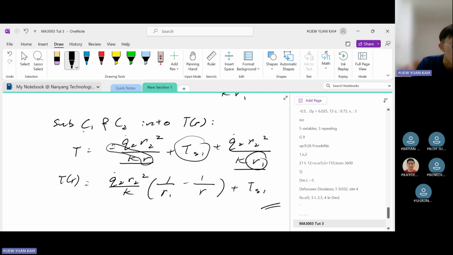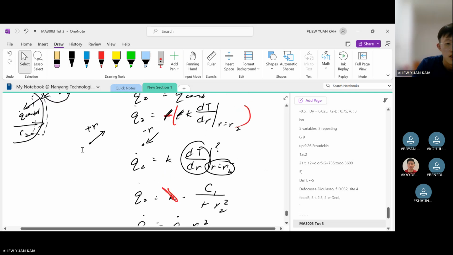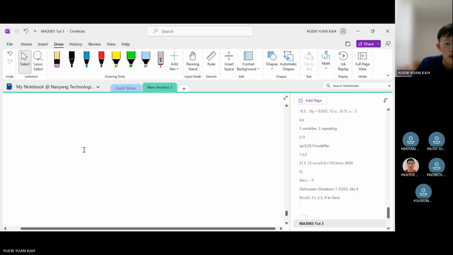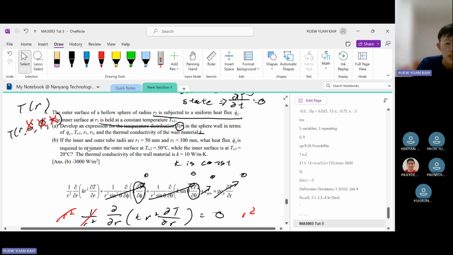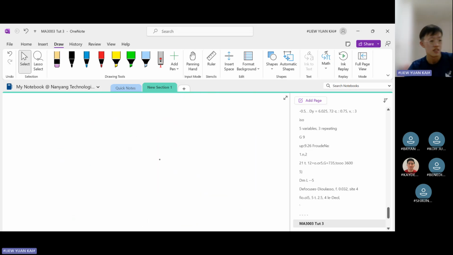Okay, so let's go to the second question, which is also the last question. They give us some values. What do they want? They're saying find Q2. They give us the radii, the outer surface temperature, the inner surface temperature, and then the K. So how do we do this?